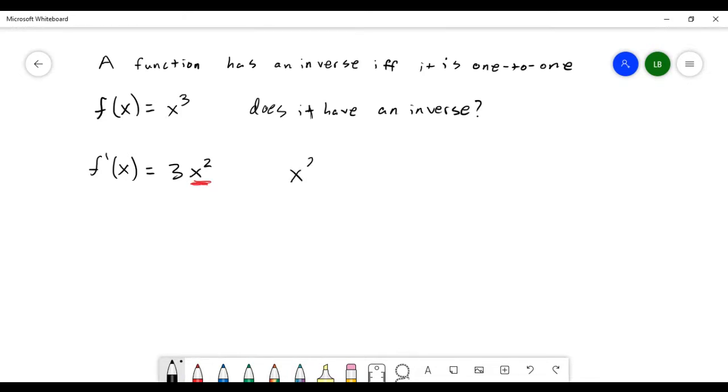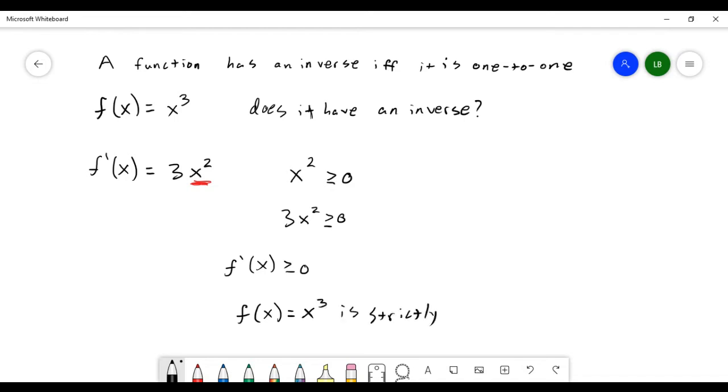And what we know is that a number squared is always bigger than or equal to 0. So 3x squared should always be bigger than 0, which means that f prime of x is always bigger than 0, which means that f of x equals x cubed is strictly increasing. Therefore, it is invertible. Make sense?